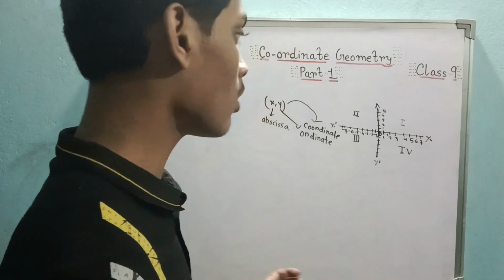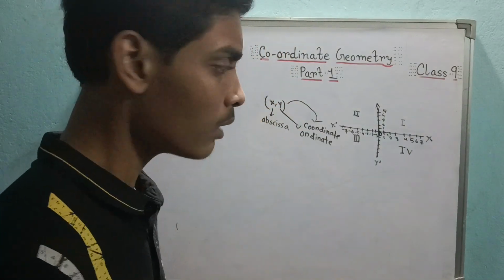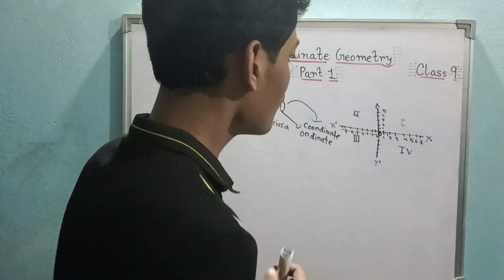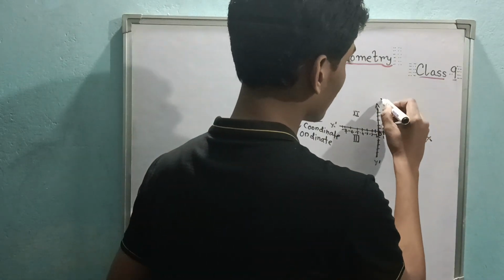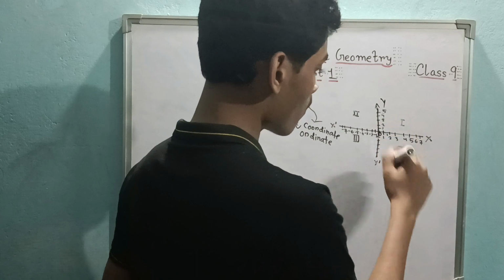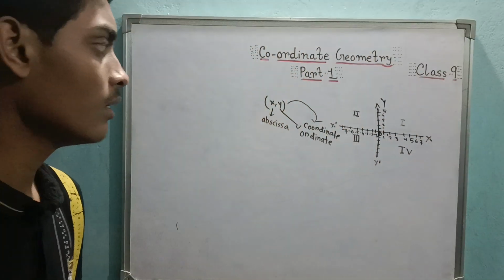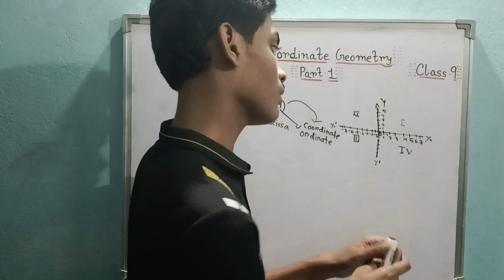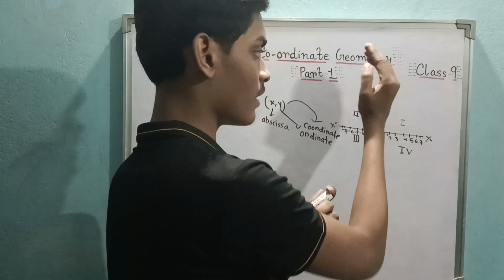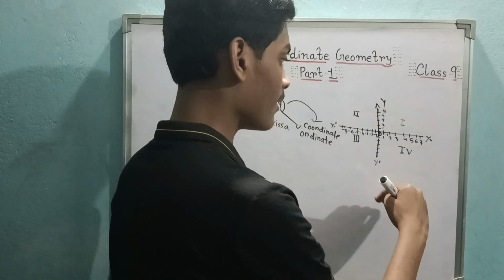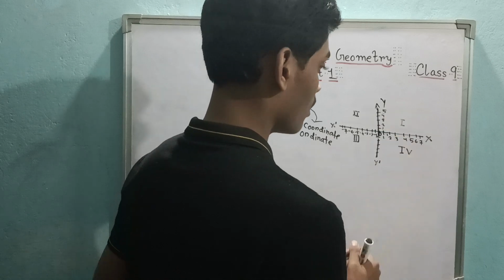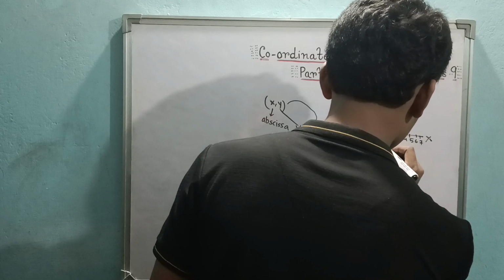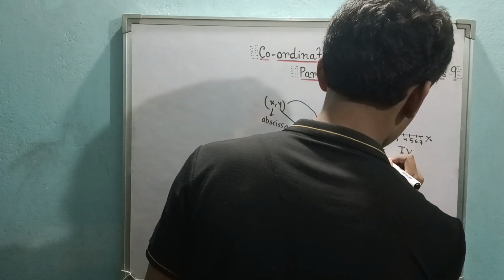Zoom your screen if you are not able to see it properly. Similarly, if you consider y O y dash, another number line, then 1, 2, 3, 4, 5 on the Oy side, and on the other side, O y dash, it will be negative values: -1, -2, -3, -4.